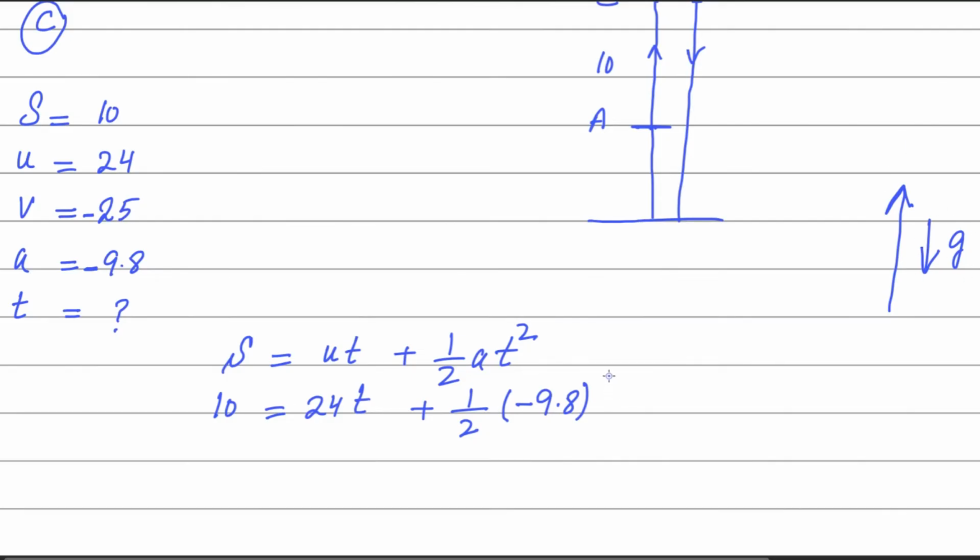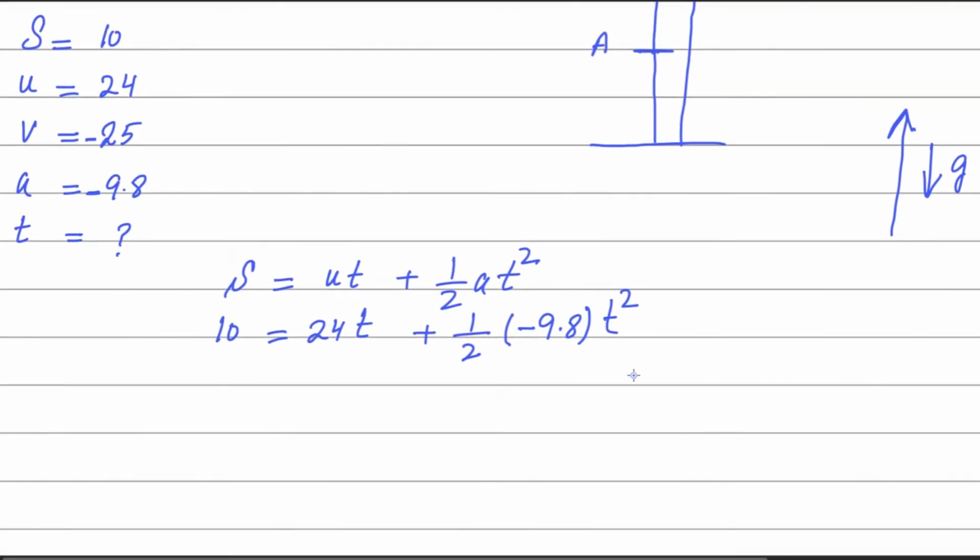So t squared. This equation is quadratic, so we can apply the quadratic formula. Negative 4.9 t squared moves to the left side, so it becomes positive 4.9 t squared, and 24t becomes negative 24t, and plus 10 is already there, equals 0.